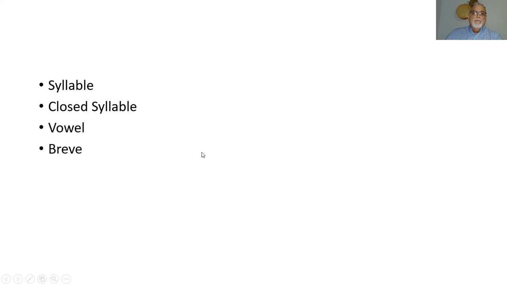Our vocabulary today is syllable, closed syllable, vowel, and breve. Let's go back, and I'm going to talk to you a little bit about what each one of these vocabulary words mean.